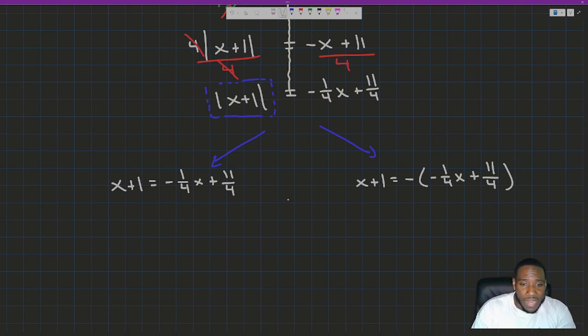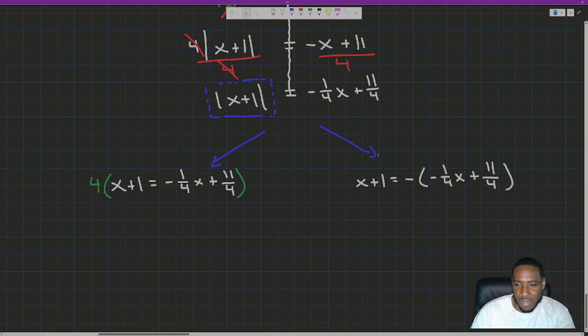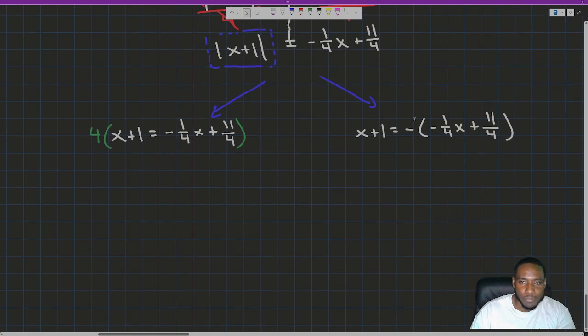So I'm going to start with the left. I'm going to make my life a little easier on the left by multiplying everything by 4. Really and truly, that probably should be something we do for both of these, but let's hold off on the right side because we have that negative distribution to worry about first. So over here, we do all the multiplication.